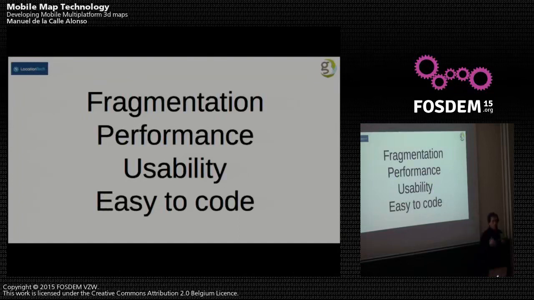This is one of the cases, but clearly it's absolutely different to develop a mobile application than a web application. And the other idea is easy to code. We need you to be able to start with the library in a very easy way because the problem is complex.